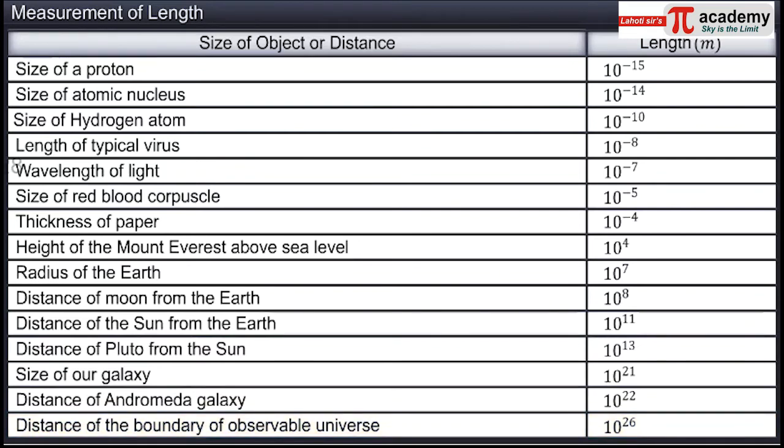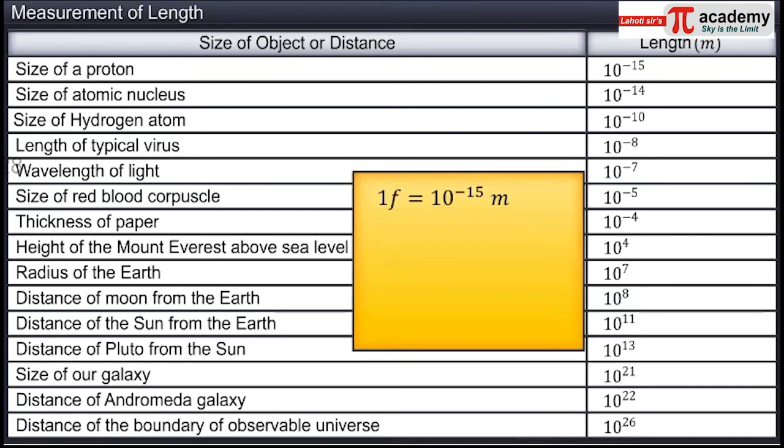Some of these units are named for usability purposes, such as Fermi, denoted by small letter f, which is equal to 10^-15 meter. Angstrom, denoted by accented A, equal to 10^-10 meter.